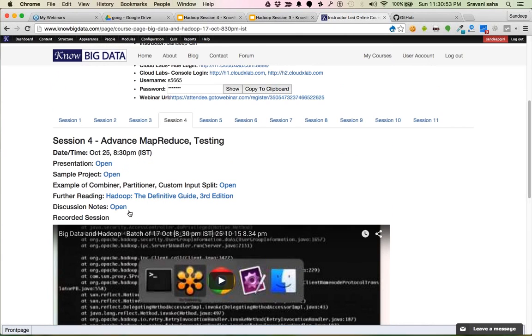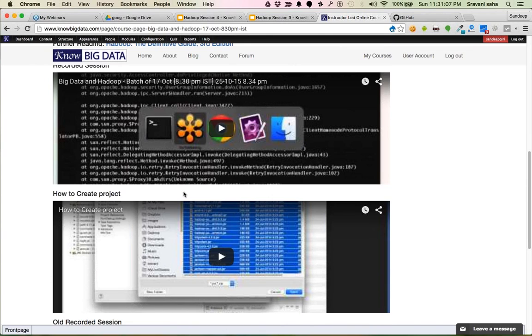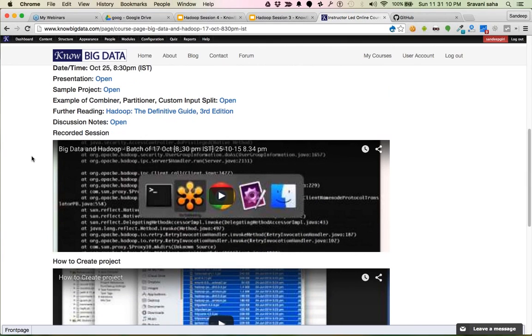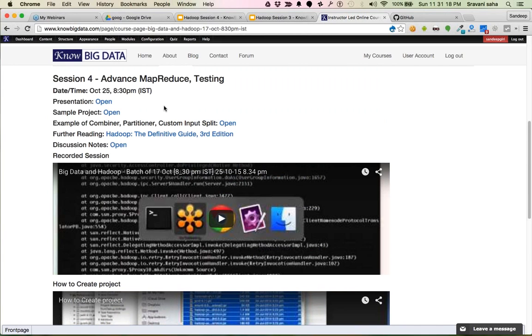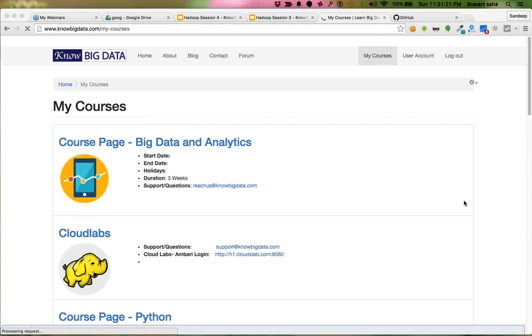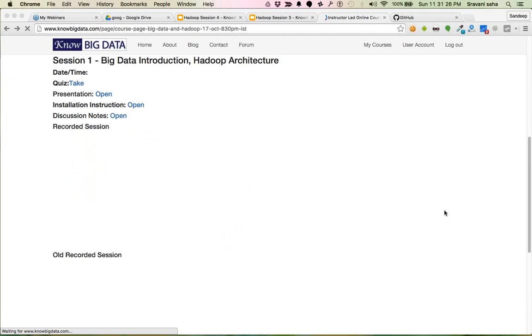Just download this sample project, and try to follow how to create a project after downloading Eclipse, and then you will be completely comfortable. Download Eclipse, download this sample project, follow this video, and you will be able to run MapReduce in Java. Today we will finish it here, and we will discuss the remaining part in detail in the next session.